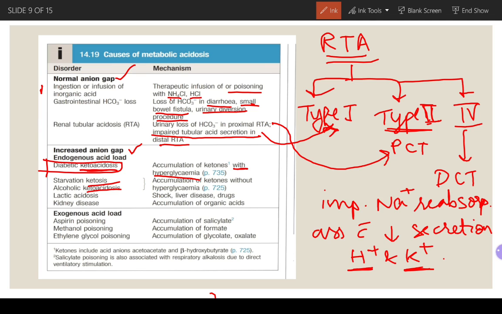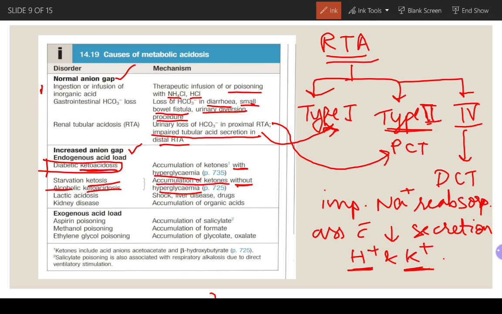So that's also called starvation. In this case, there will be accumulation of ketones, but without hyperglycemia, because the person actually has less glucose. This type of ketosis can also be seen in alcoholics, and it is called alcoholic ketoacidosis.